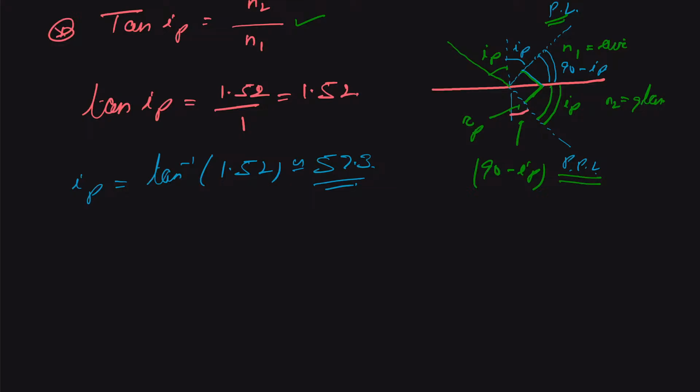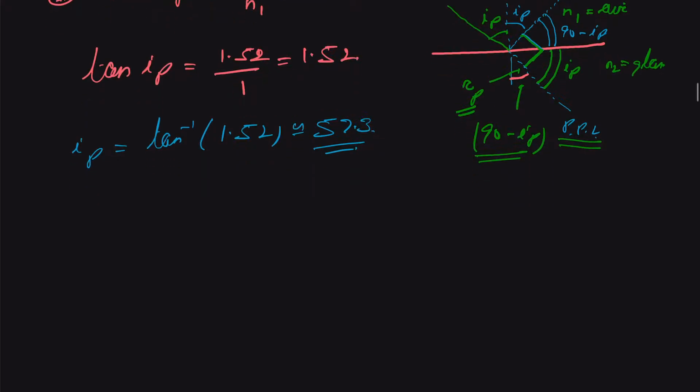We are supposed to find this RP, and RP will be equal to 90 minus IP. So straightforward, we get 90 minus 57.3, and this will be equal to 32.7 degrees. That was asked for.